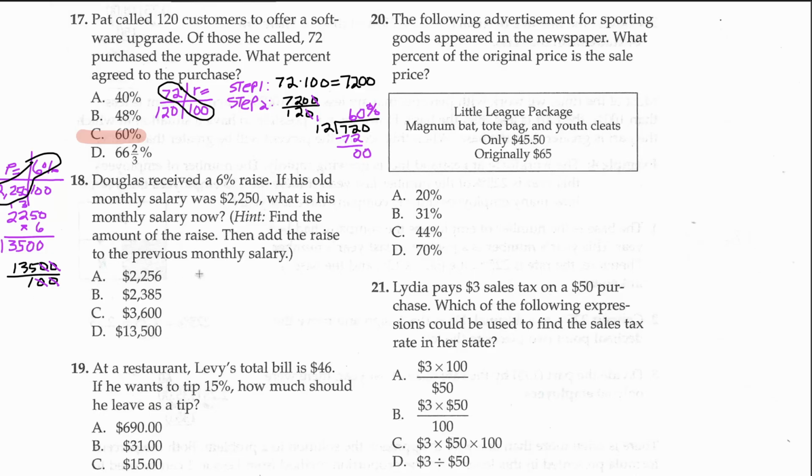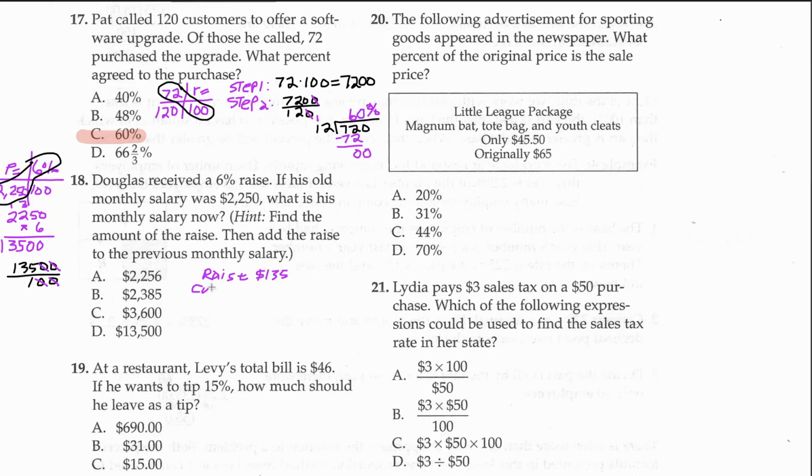Okay, now the raise is 135. That is the increase. Now to get the current or the now salary, we have to add the current salary to it.